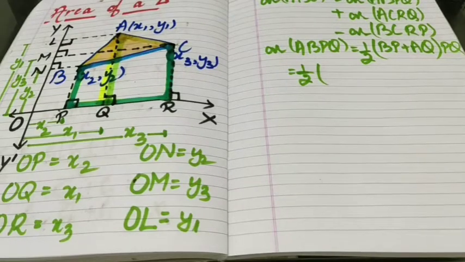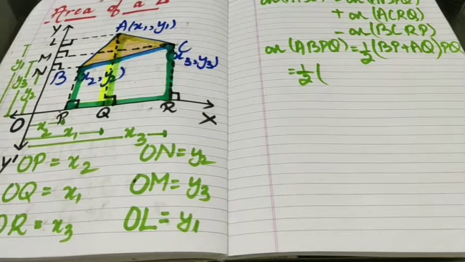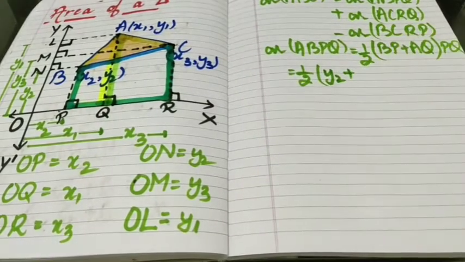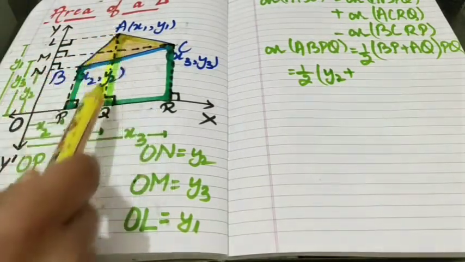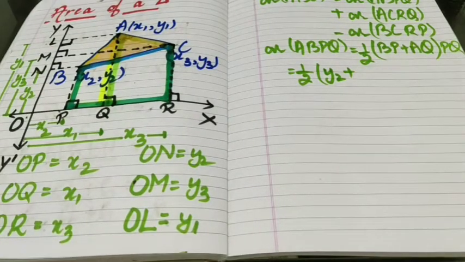Now BP equals NO, that is y2, and AQ equals LO, which is y1.